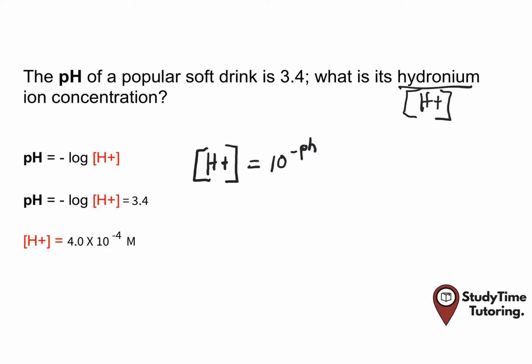To work backwards and find the hydrogen ion concentration, all you're going to do is take 10 to the negative value for the pH, and that will give us the hydrogen ion concentration from a pH value. So when we plug in 3.4 into this equation right here, we will get a hydrogen ion concentration of 4.0 times 10 to the negative fourth moles per liter of hydrogen for this soft drink.